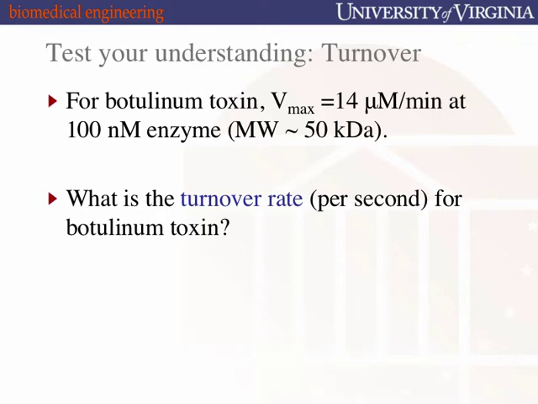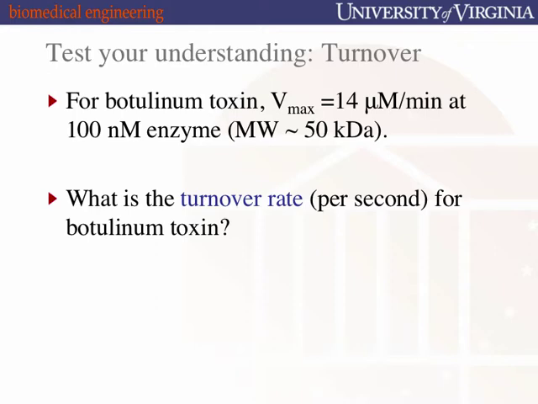At Vmax, that's how much product per minute we're making. We convert that to seconds, so this is why I made a big point about saying per single catalytic site. That's why we're dividing by the number of moles of enzyme, because we're not trying to figure out how many per 100 nanomolar of enzyme, but per one molecule.